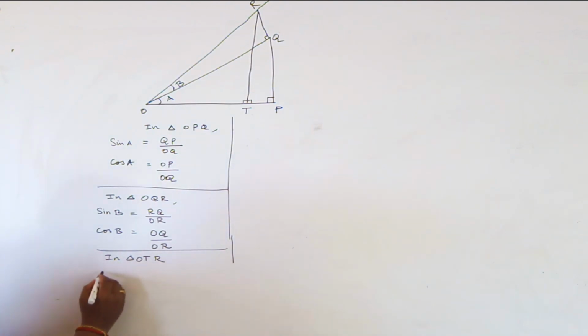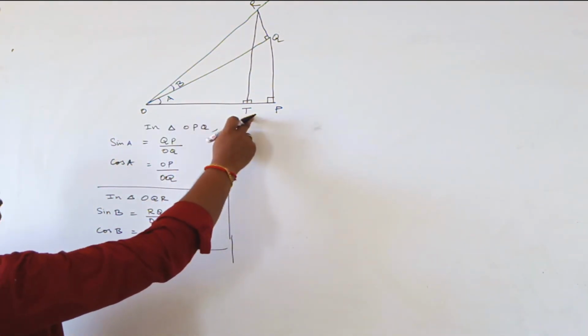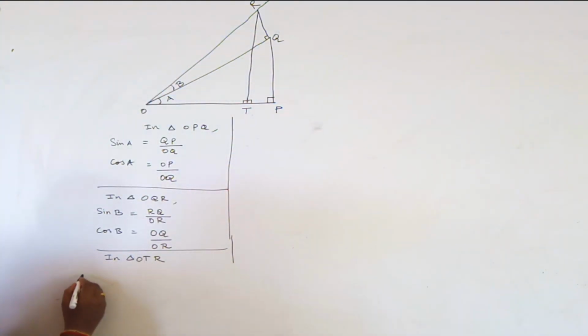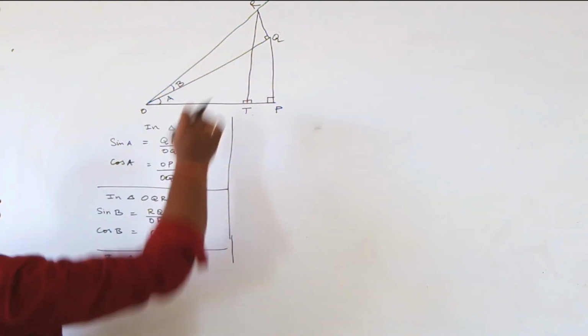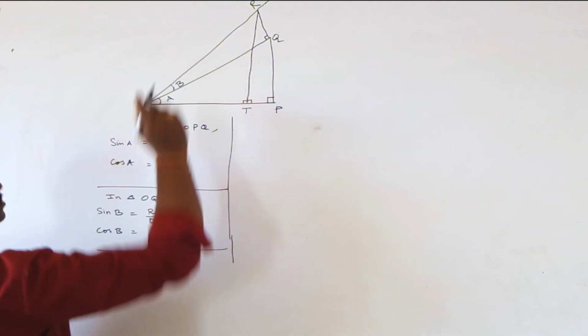So the opposite side is RT, the adjacent side is OT, and the hypotenuse is OR. So we get the trigonometric ratio of the compound angle A and B. That is sin of A plus B, which is nothing but the opposite side RT divided by the hypotenuse OR.